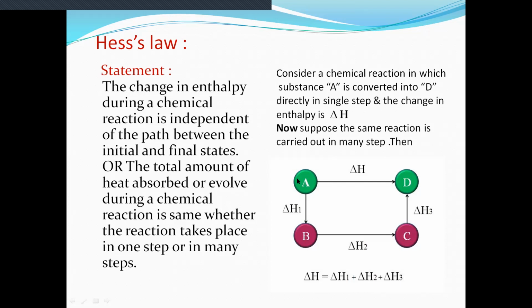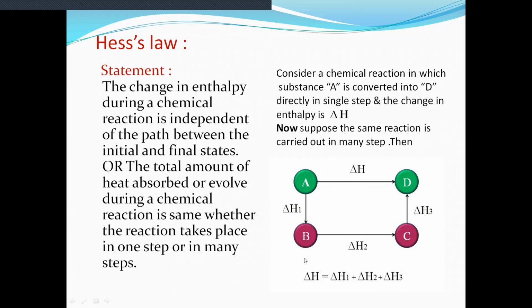In the first process, A is converted into D directly, and the enthalpy change, that is heat evolved or absorbed, is denoted by delta H. While in the second process, the same process is carried out in many steps.